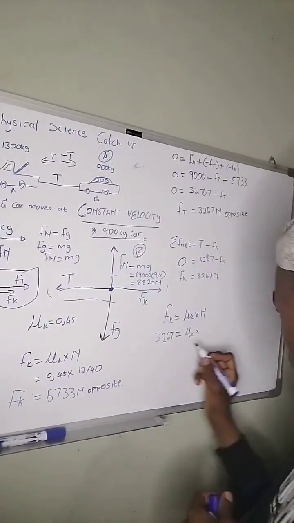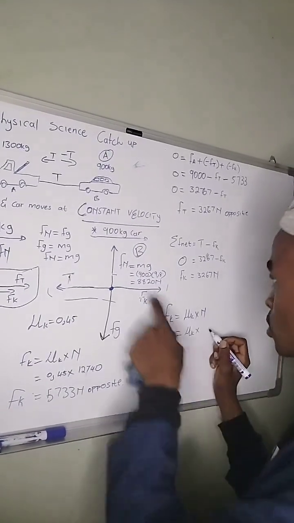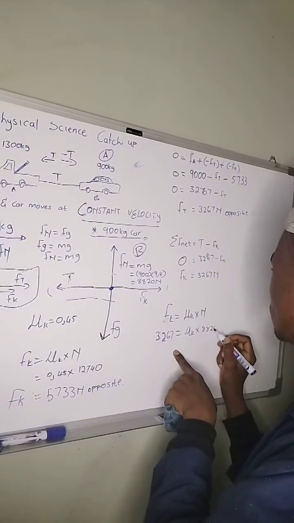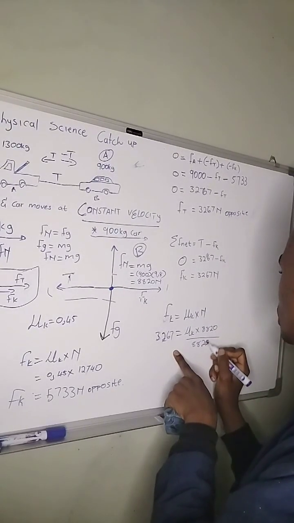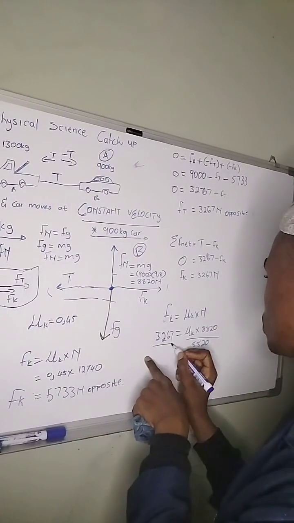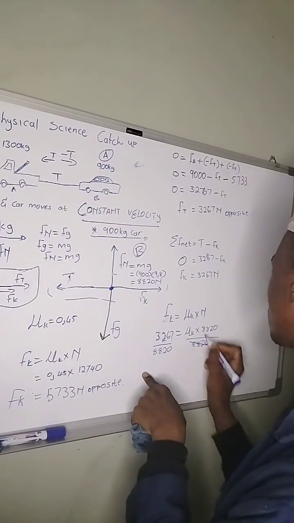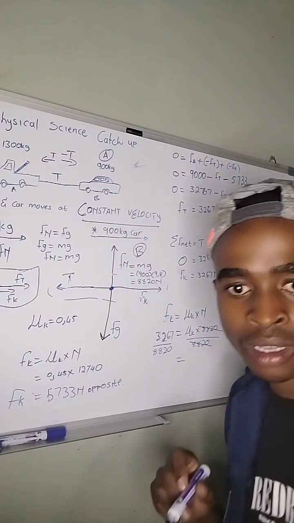So this is going to be 8,820, obviously divided by 8,820 for both sides. This cancelling that. What is their value here?